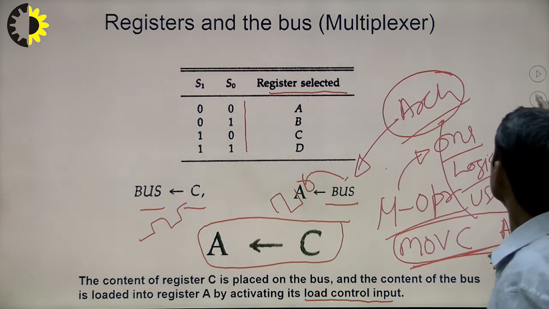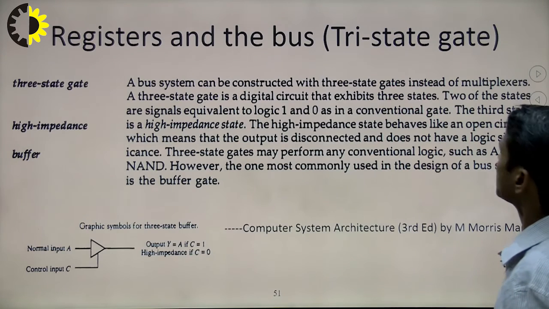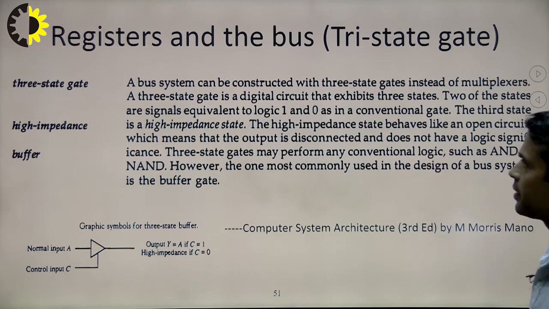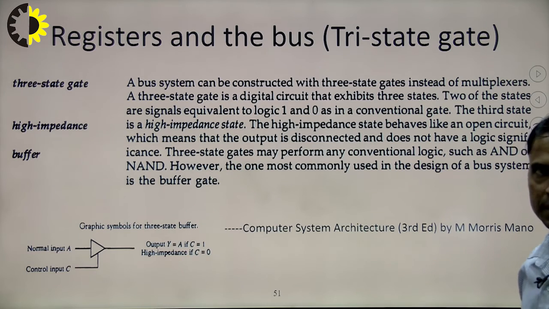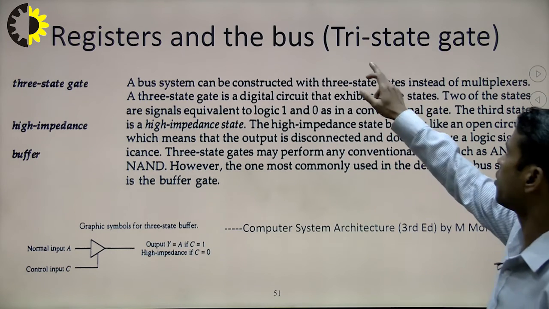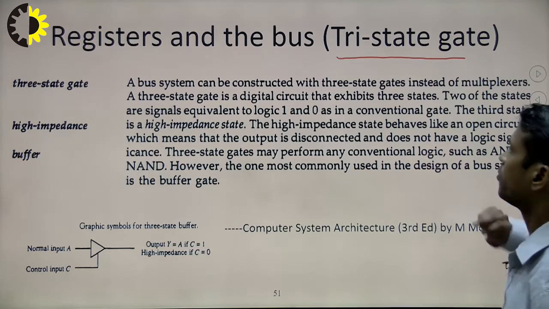Now, let us move further. Is there any other way to implement this? Yes. Another way is called tri-state gate. What is a tri-state gate?